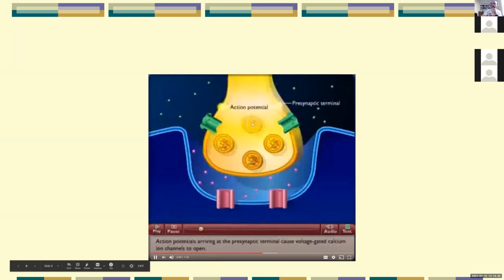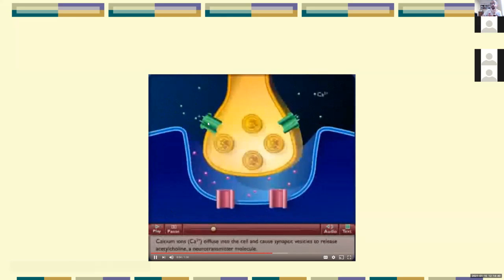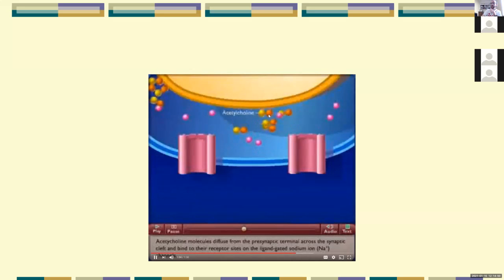So it's going to play again for you. Here's the action potential. Here's those calcium channels. They've just been opened because of the depolarization wave. The calcium floods in. It causes these sacs of neurotransmitters to release the neurotransmitter into the synapse. This one happens to be called acetylcholine. It's a type of neurotransmitter.